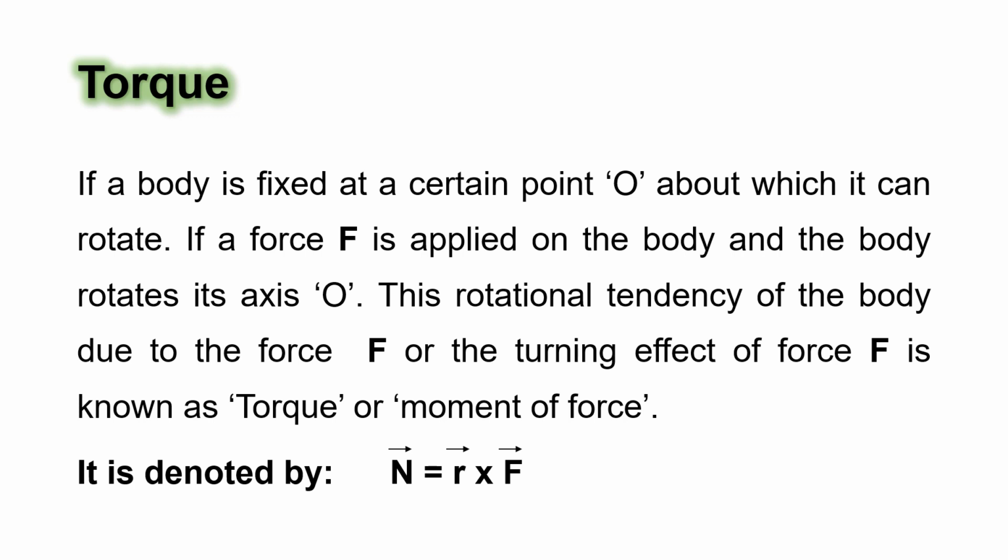If a force F is applied on a body and the body rotates along its own axis, this rotational tendency of the body due to the force F, or the turning effect of the force F, is known as the torque or the moment of force. So we can write the torque N vector is equal to r, the moment arm, cross product with the force F vector.